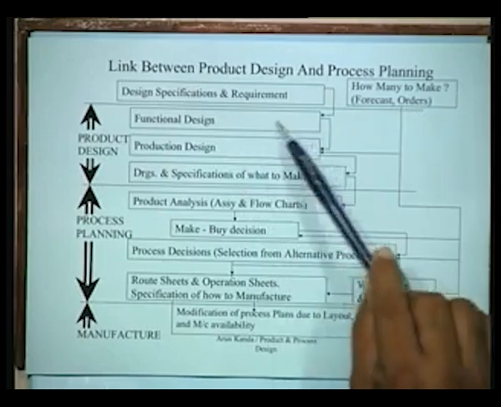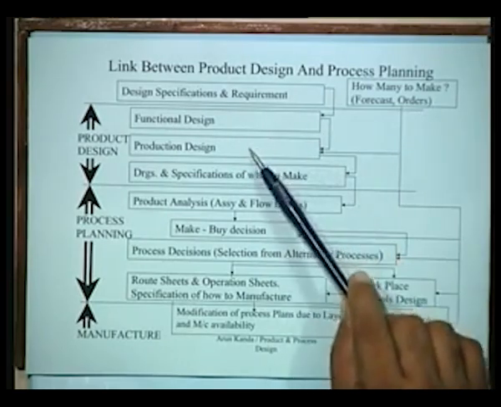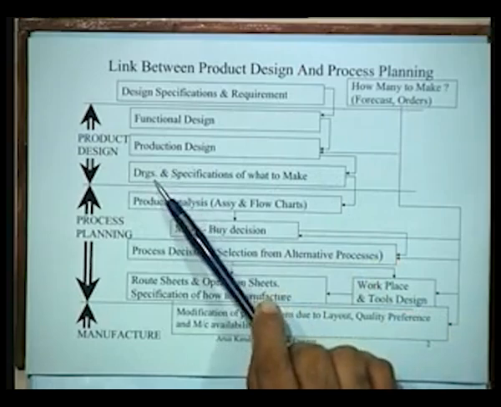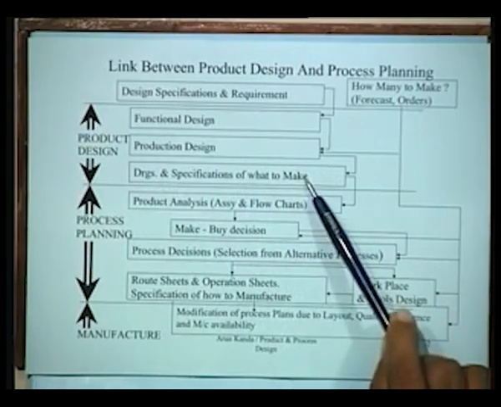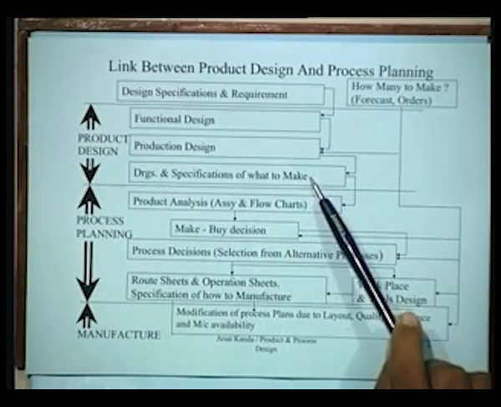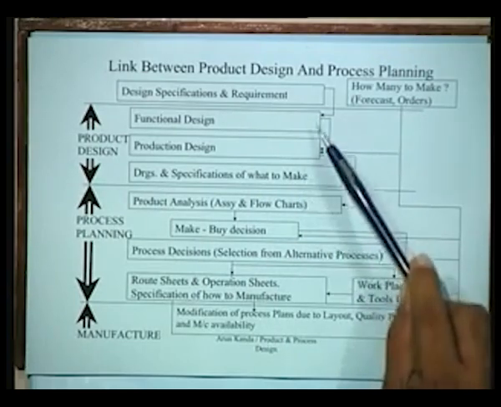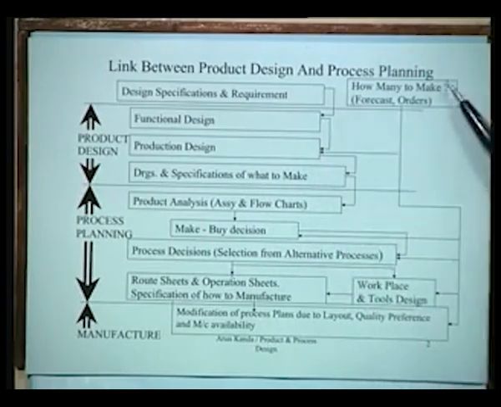And ultimately, as a consequence of this entire exercise, the output of the product design division is to get drawings and specifications of what to make. So that's what it generally is. Notice, of course, that in all these decisions, one very crucial decision is the decision on customer demand.